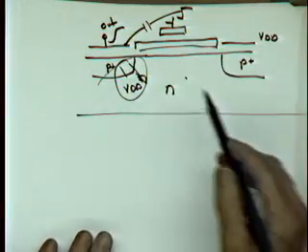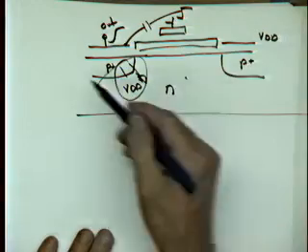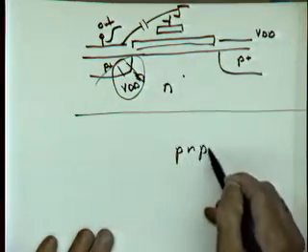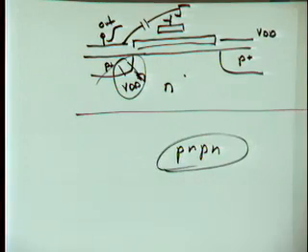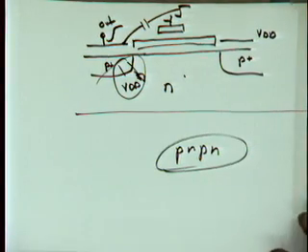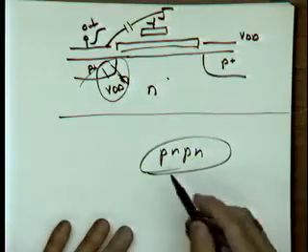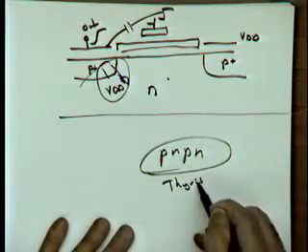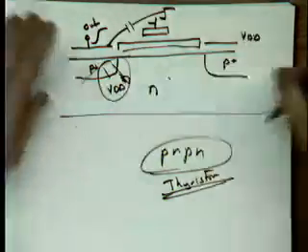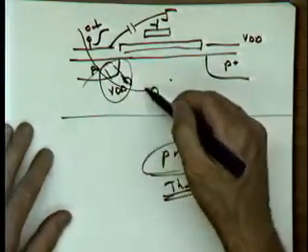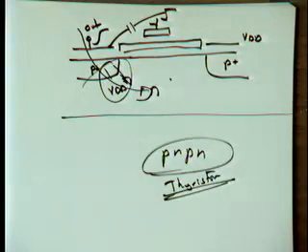I already mentioned there's a PNP in here. But actually, if you put an NMOS next to it, you could have a PNPN. And PNPNs is something that power device guys like a lot. It's called a thyristor. And one thing about the thyristor is once you turn it on, there's no way you can turn it off anymore. So what's going to happen is once this thing goes on, you might see your current flowing, and it keeps on going, and it keeps on going.